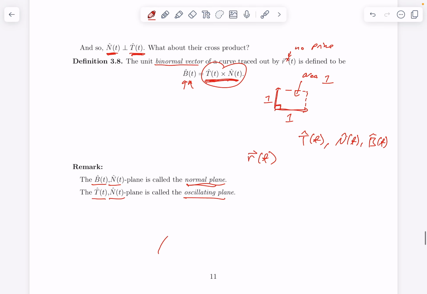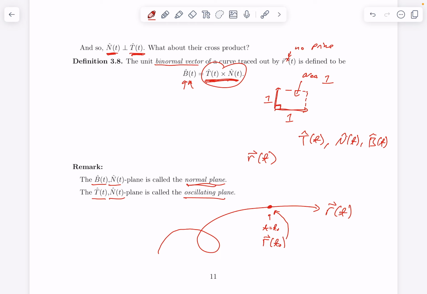So I've got my curve here. This is r hat of t, and then here's this point right here. And this is r of t naught. So this is going to be t equals t naught, and that's the end of my vector.